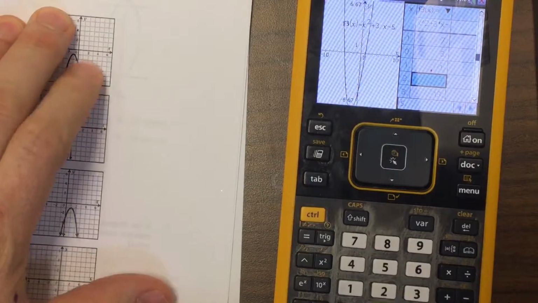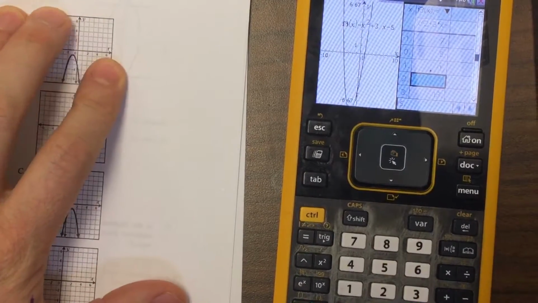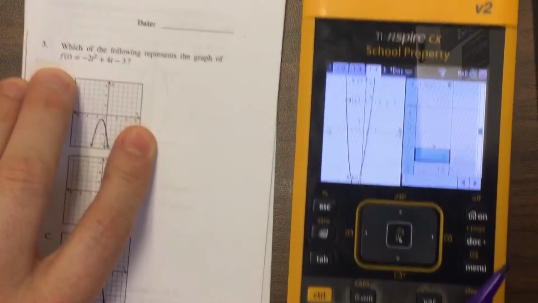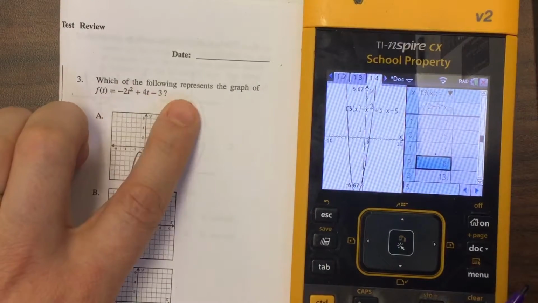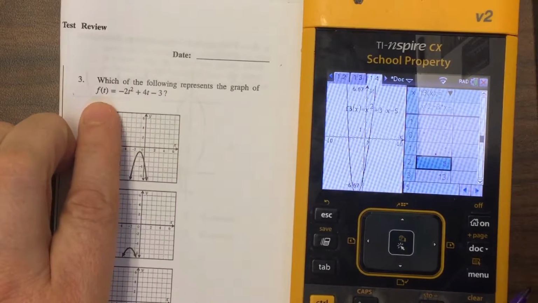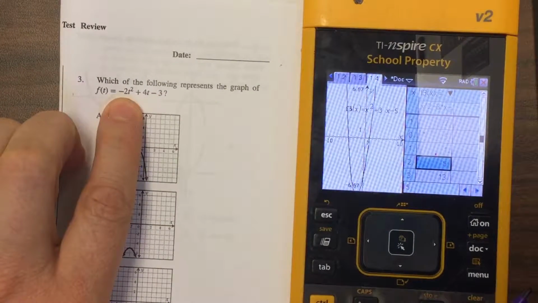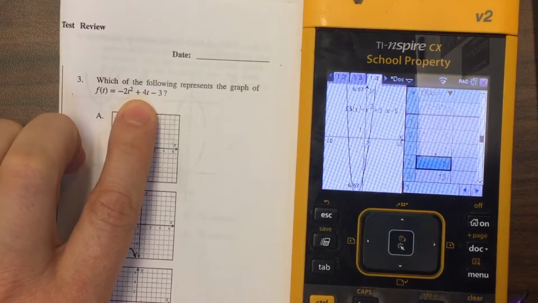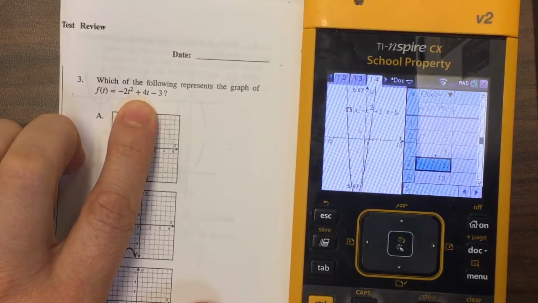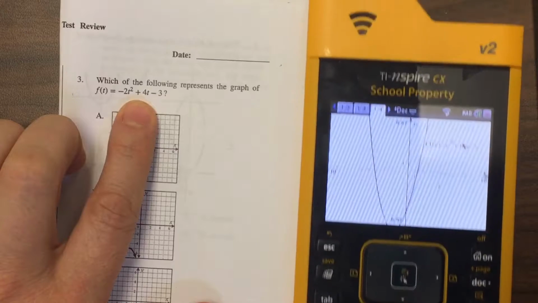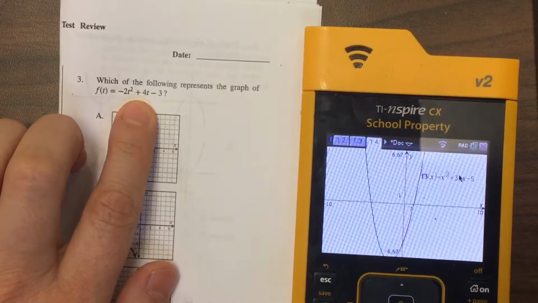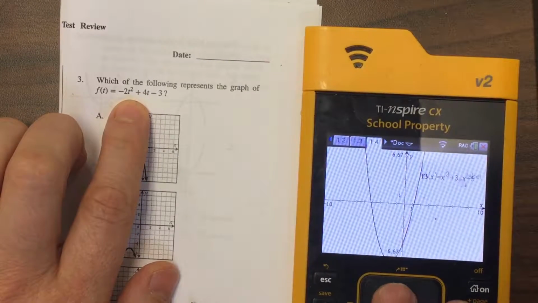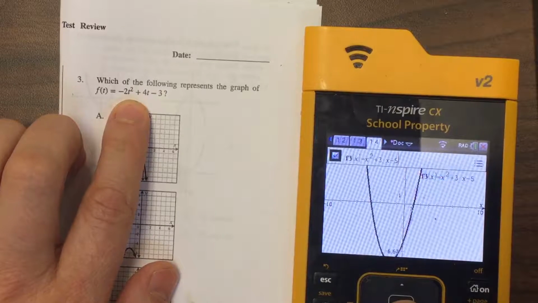Number 3, which of the following represents the graph of y equals -t squared plus 4t minus 3? Now I can put this in the calculator, but I can't put it in as t. I need to type in x squared, etc. So I double click on here.